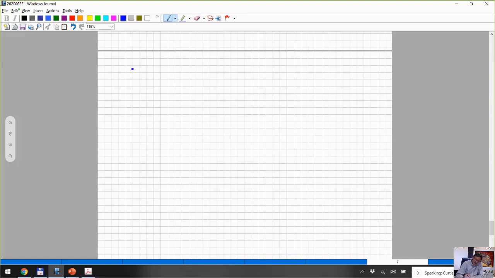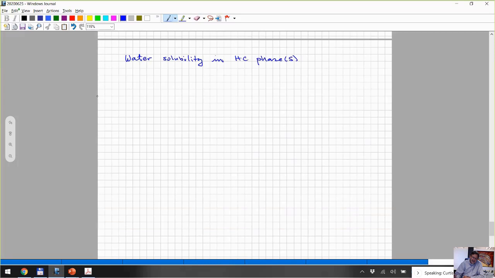So if you look at water solubility in the hydrocarbon phases, in general we call that little Rsw, okay? And that's talked about in detail in chapter 9 of the book.